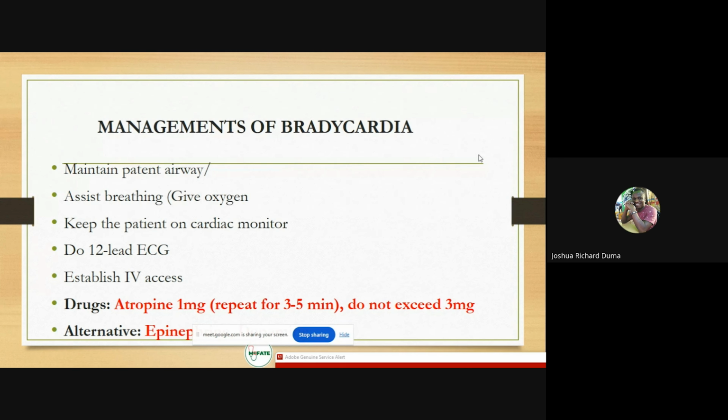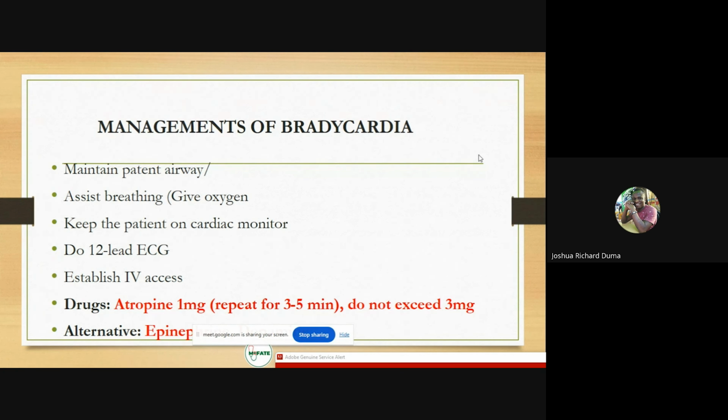Next. So once you find that the patient is bradycardic, the first important thing is you need to maintain an airway. As the primary survey for the critically ill patient, we start with ABC. So we need to assess the airway. Once the patient is having low blood pressure and low heart rate, one of the compromises that we get is difficulty in breathing, poor lung perfusion.